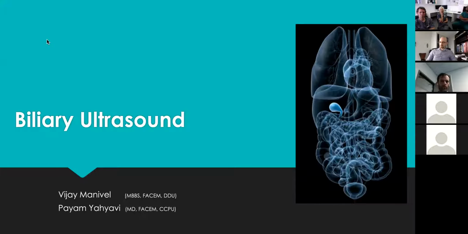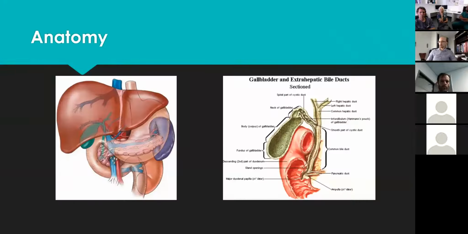So, just a refresher on the anatomy. Obviously, the liver and the stomach and the spleen, and we've got the gallbladder behind the rib space and behind the liver, and being behind the rib space makes it difficult to visualize in the supine position.